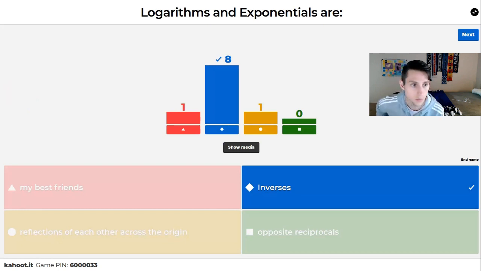Correct. They are inverses of one another. I don't know who selected that they are your best friends. That's kind of sad for you, you know? I mean, they're good friends, but are they the best friends? I don't know. And for the yellow one, they're reflections across the line y equals x, not reflections across the origin.